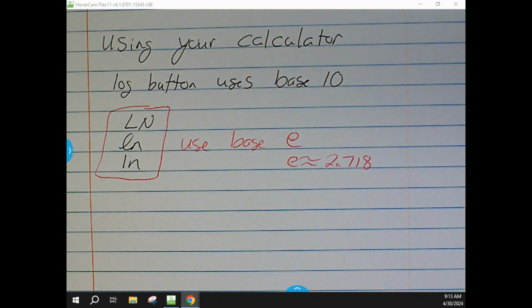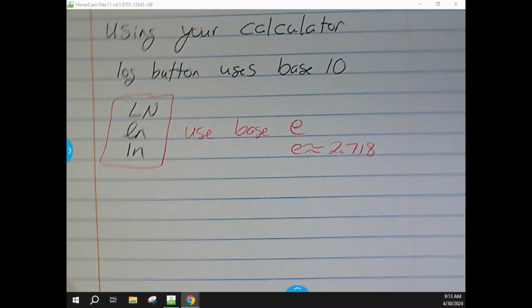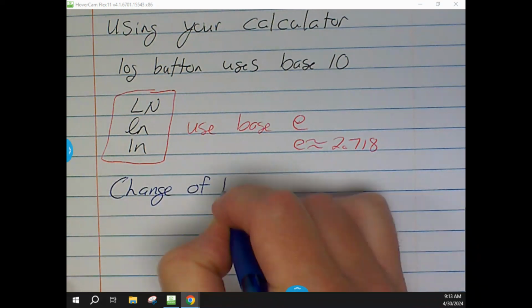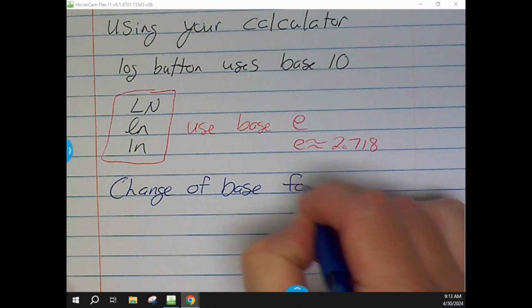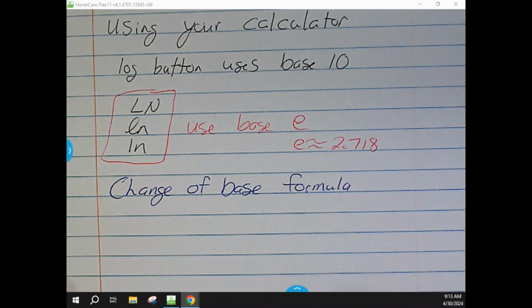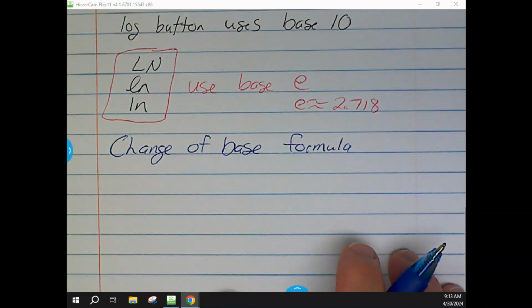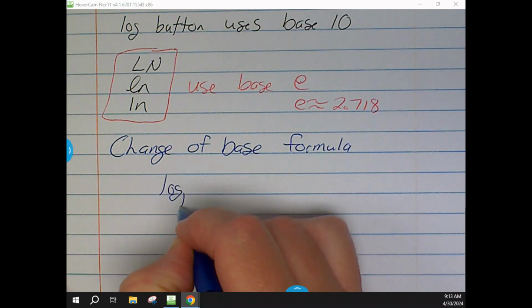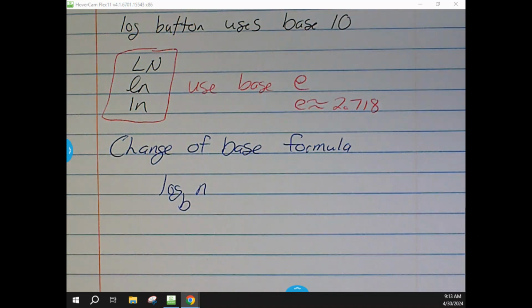So what you're going to do is use the change of base formula. For the change of base formula, if you have the log of some number N and b is your base, to use your calculator, here's all you have to do.